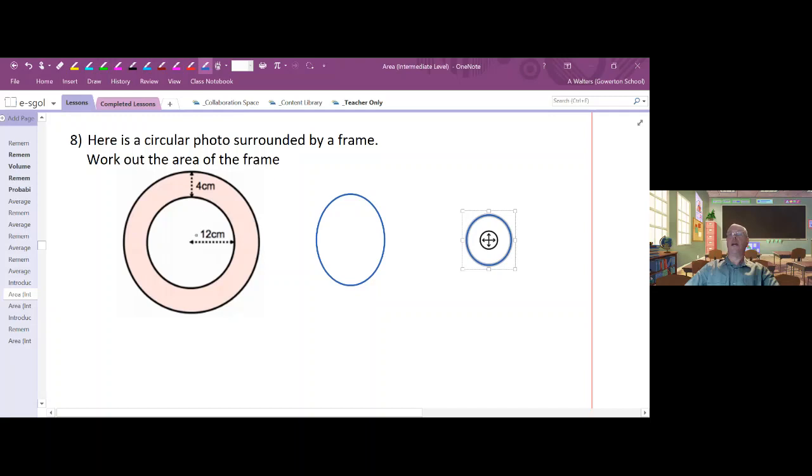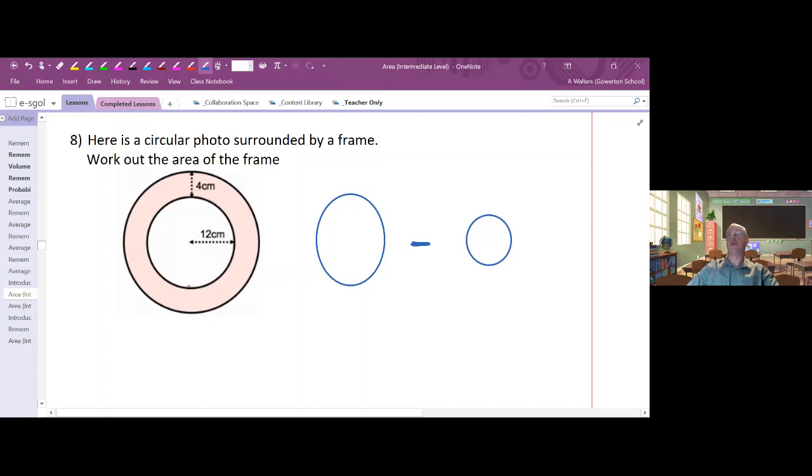We work out the area of the outer circle, and then we cut out the inner circle. So imagine, work out the area of the outer circle, and then you'll be cutting that out, and you're left with what I would call the pink surround.